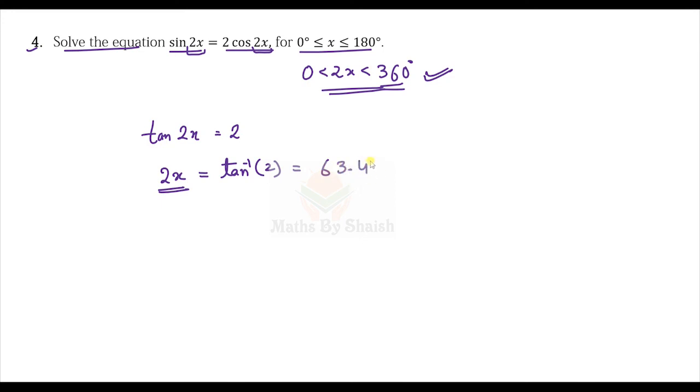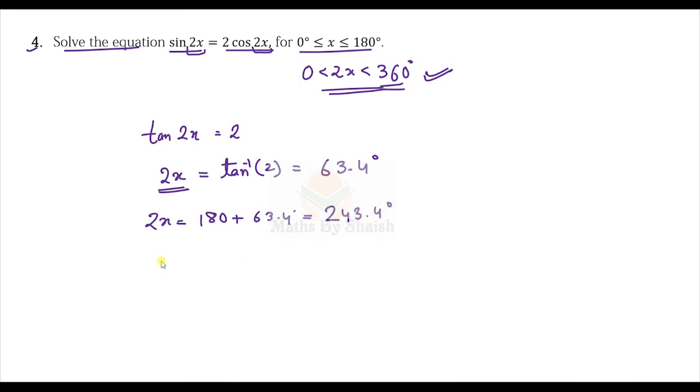And since it is a tan, the next angle we get from the periodic property of the tangent, that is 180 plus the previous angle, 63.4 degree. So it is going to be 243.4 degree.